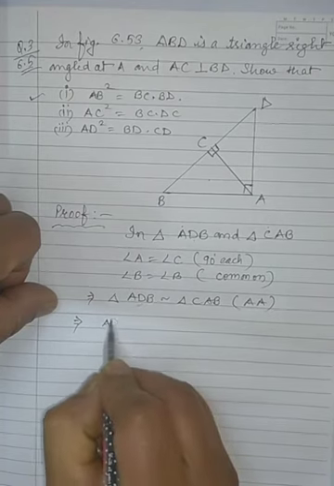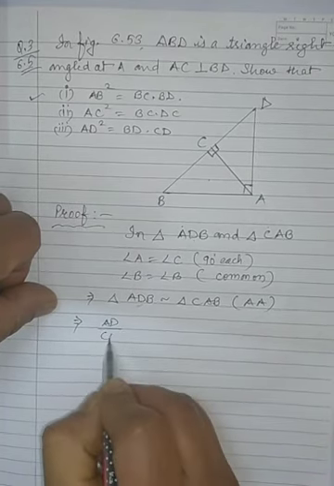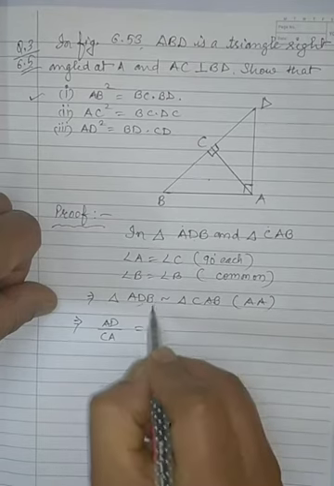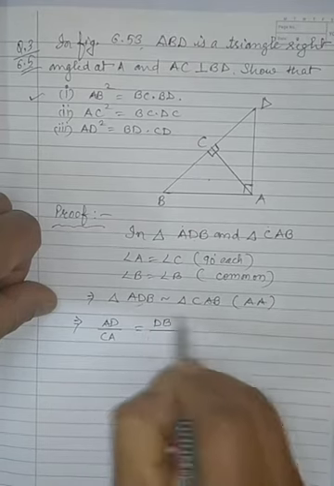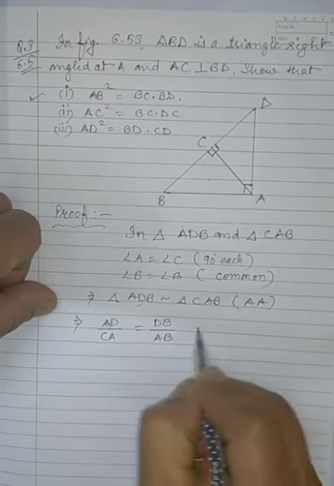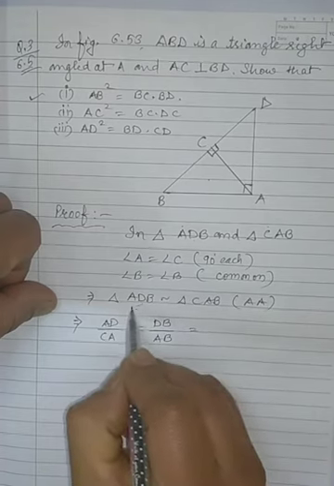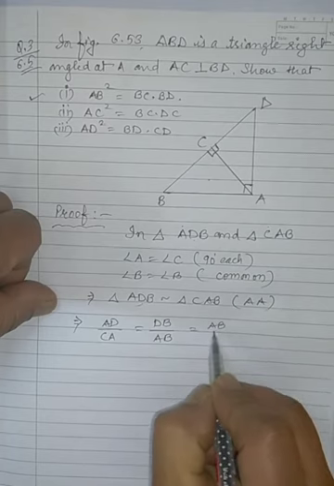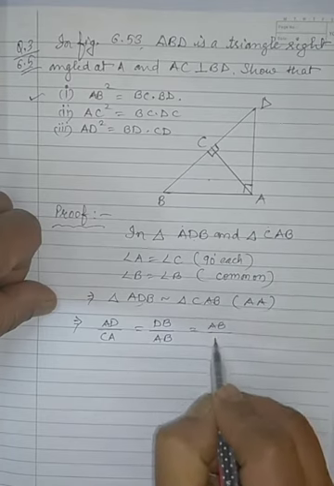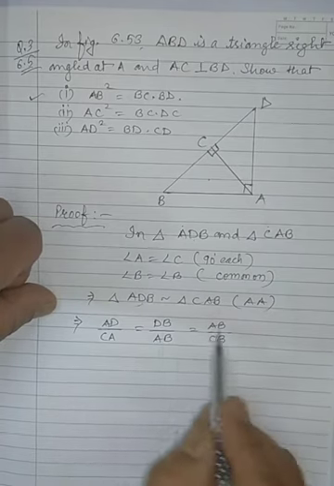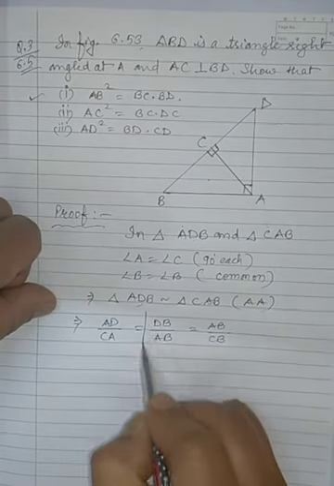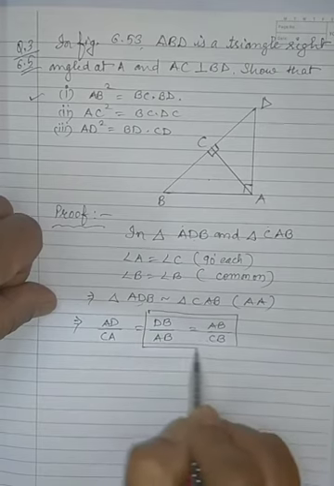AD upon CA is equal to DB upon AB is equal to AB upon CB. Now out of these three parts, these two parts are useful for us.